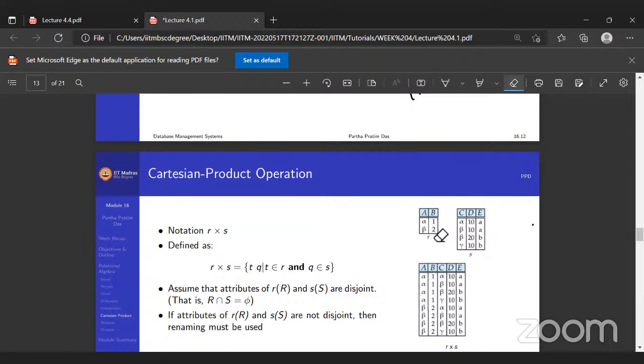No, in R into S, it is not possible that a common tuple will come, because R and S are different, right? Got it.